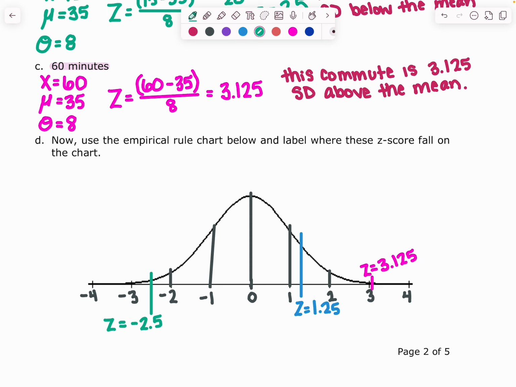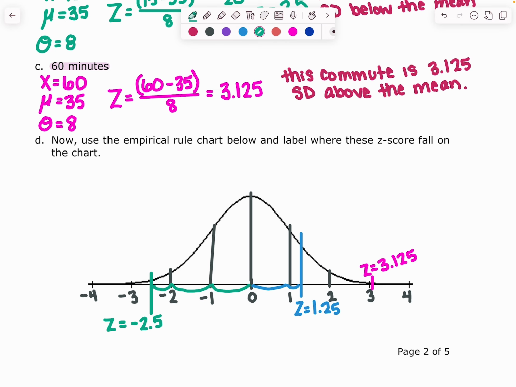And we can see, for example, this first one, 1.25, here's one standard deviation, and then we have a little bit more to get to that first z-score. The second one, here's one full standard deviation, here's a second standard deviation, and then we're halfway to a third standard deviation.